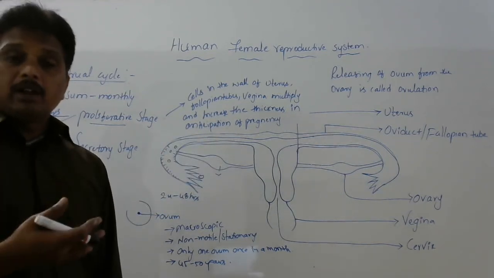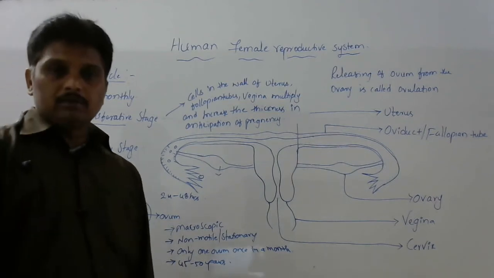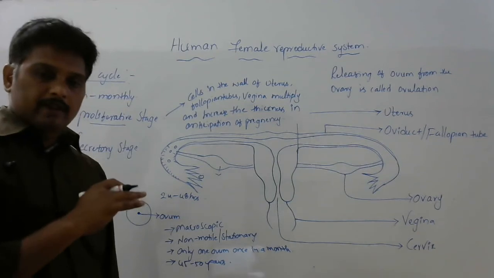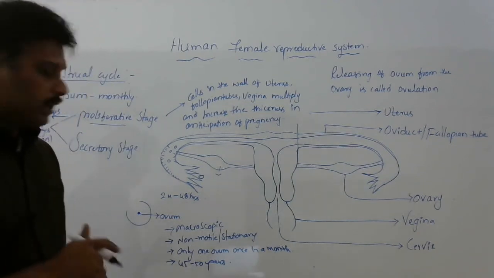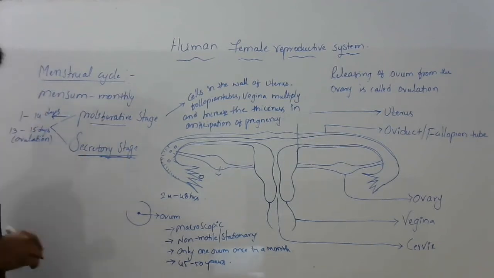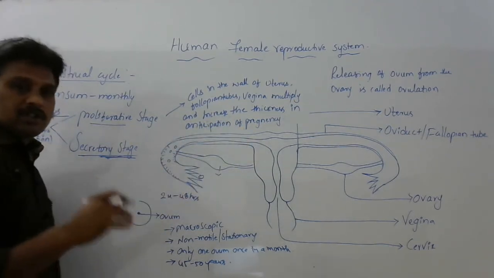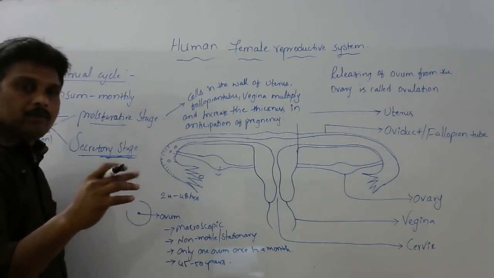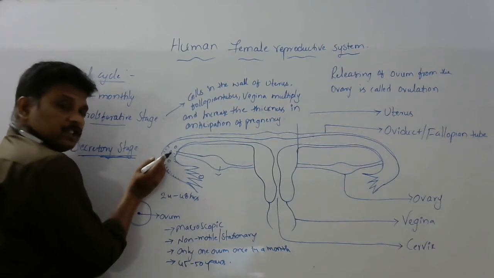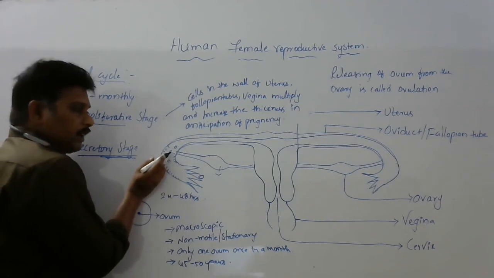But if there is no fusion, if male gamete is not available here, what happens? This stage will start. The entire reproductive system waits for the zygote, because zygote fusion takes place in fallopian tube. I will explain later.